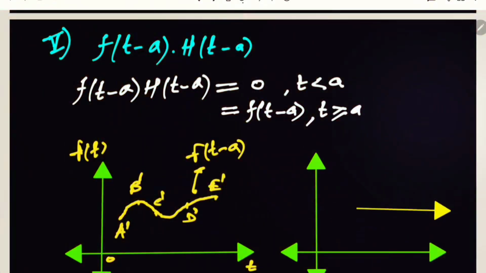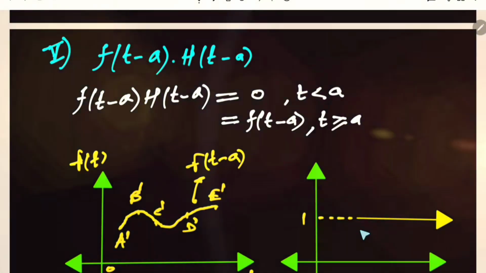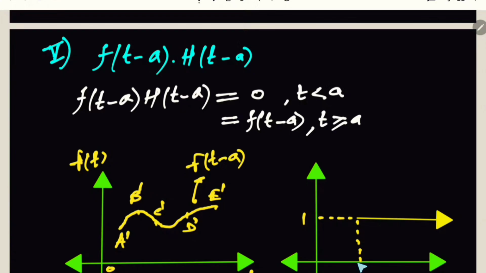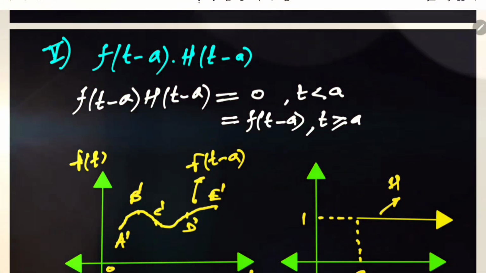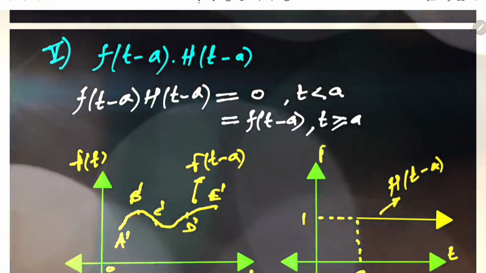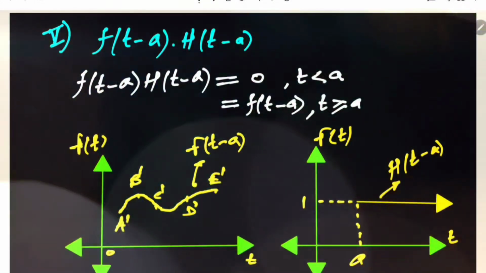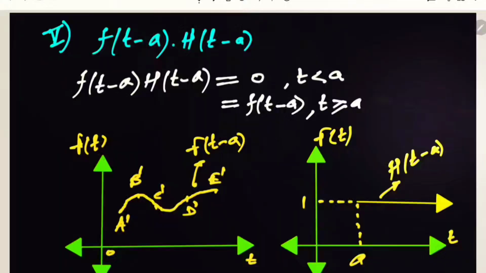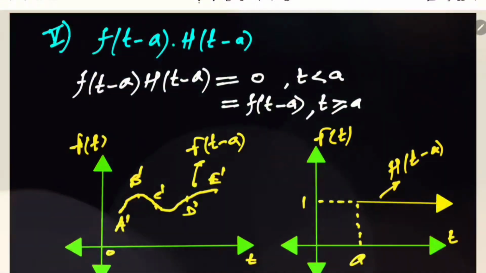And the second figure is the displaced unit step function h of t minus a. Value is 1 for t greater than or equals to a. And for other values it is 0, h of t minus a. Then we find Laplace of this product.